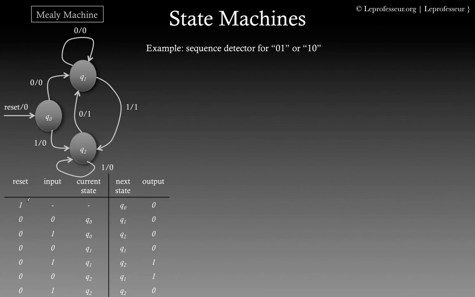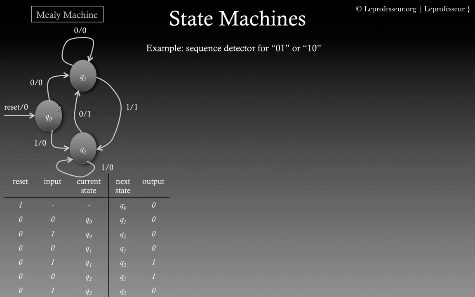So initially you are in reset. We are assuming the reset is active low, so when reset is 0, your machine is in working condition. When the reset is 1, everything is ignored. Then you move to state Q0, which is the default state, so the next state will be Q0.